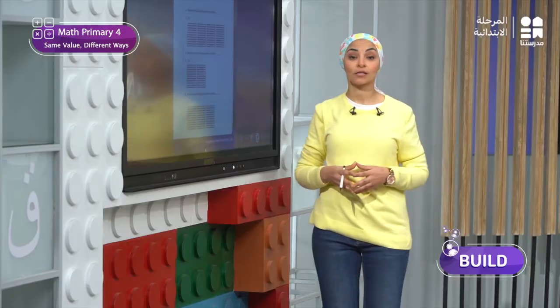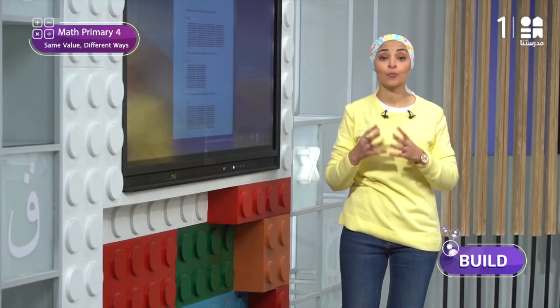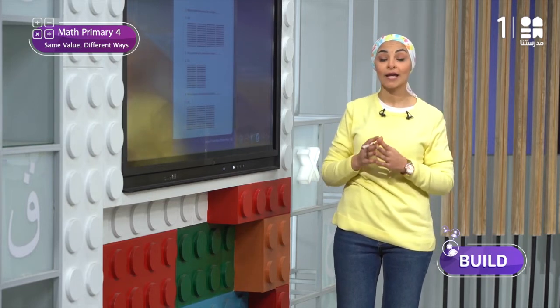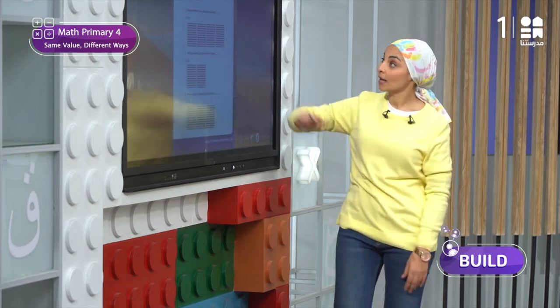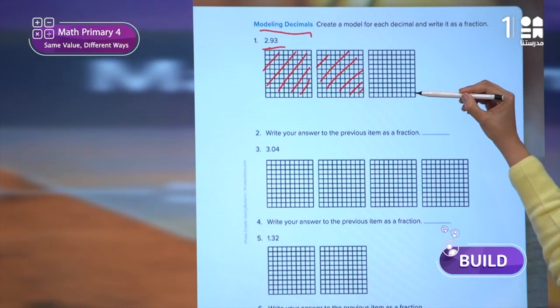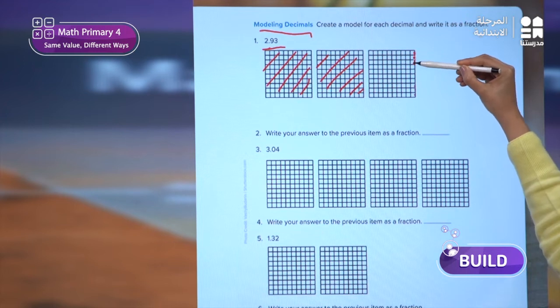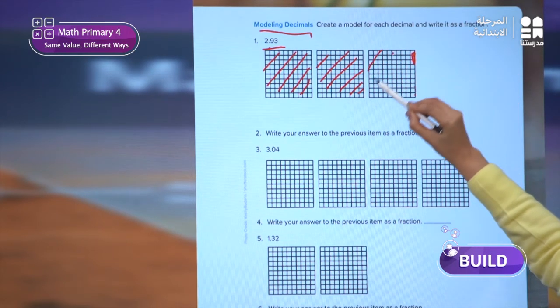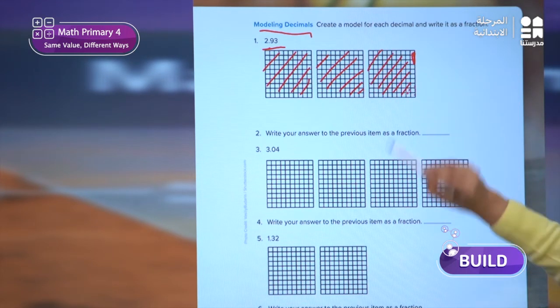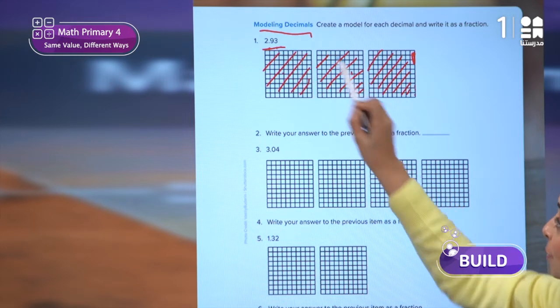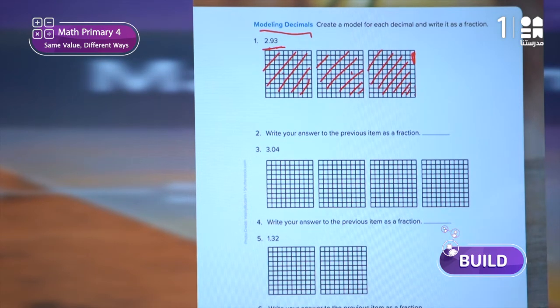What about the 93؟ ال 93 دي البارتس اللي عندي. يبقى I will shade كل السكوير except 7, right؟ 1 2 3 4 5 6 7. So I will shade this 3 and then I will shade the rest of the shape. يبقى أنا كده I represent 2 whole squares and 93 parts out of 100.